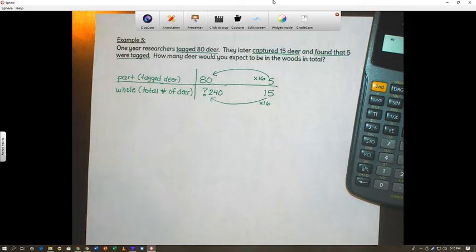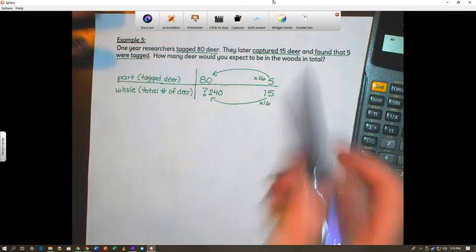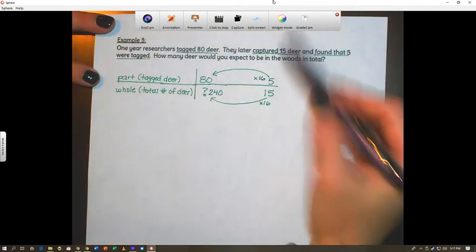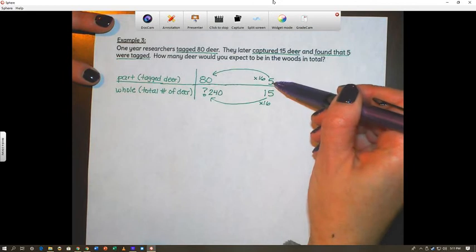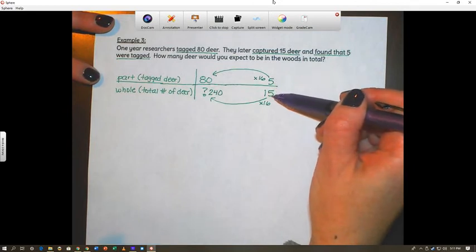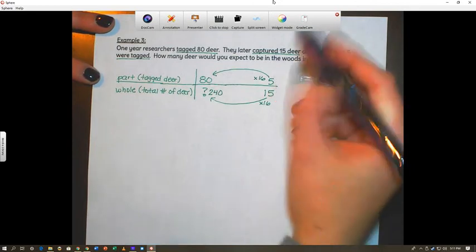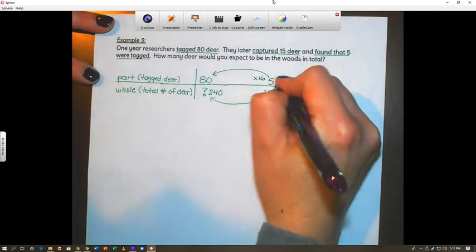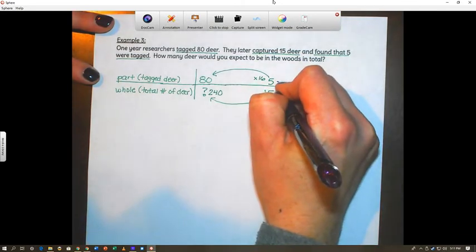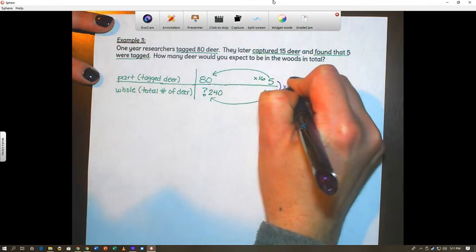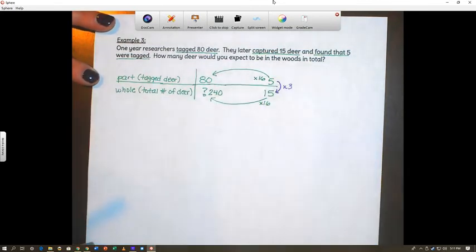Another way you could think about this is comparing the number of tagged deer to the total. Well, I can easily go from 5 to 15. 5 times 3 is 15.